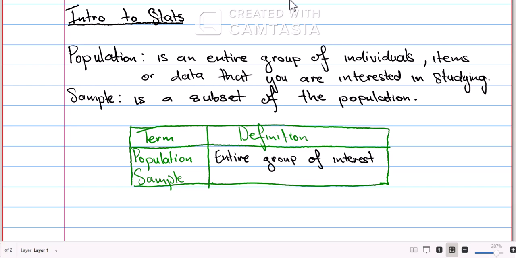Then the sample we can say is a subset of the population. This is how we can define these two terms in short.